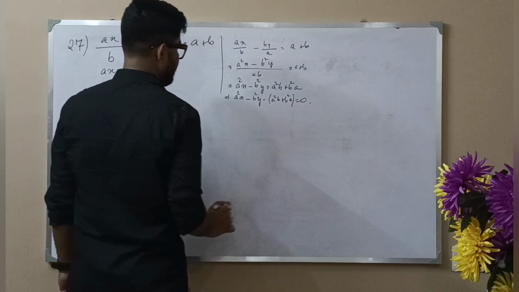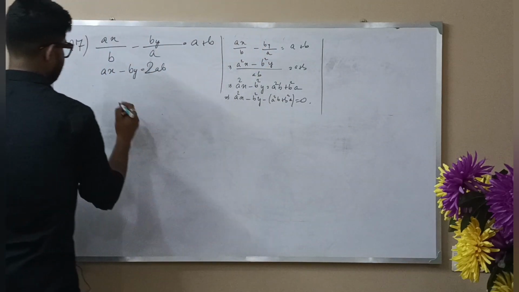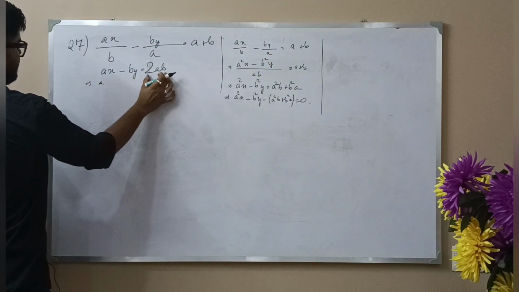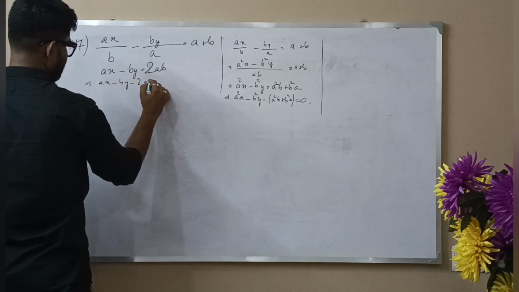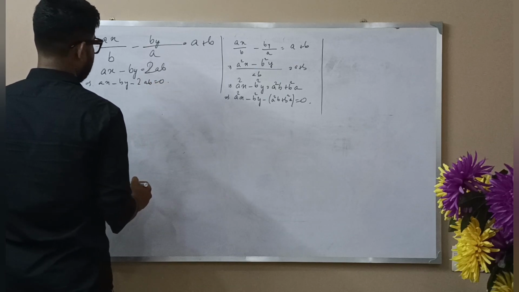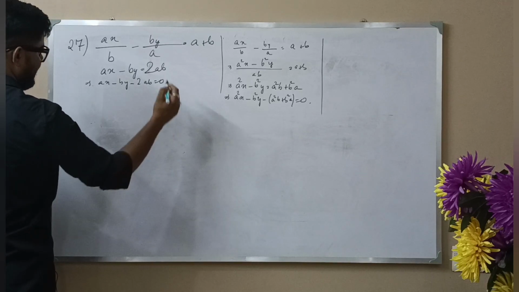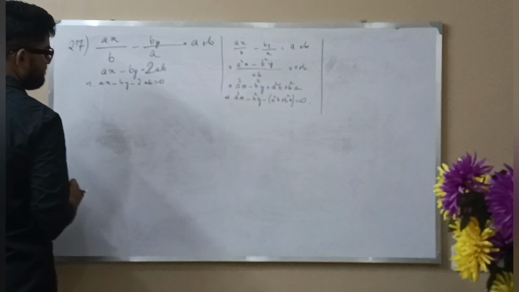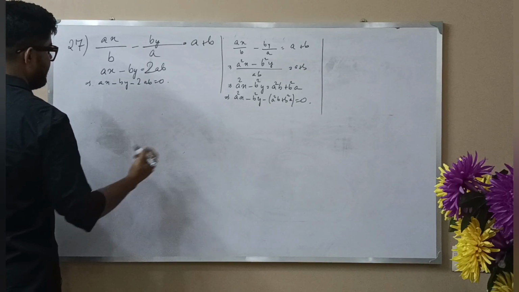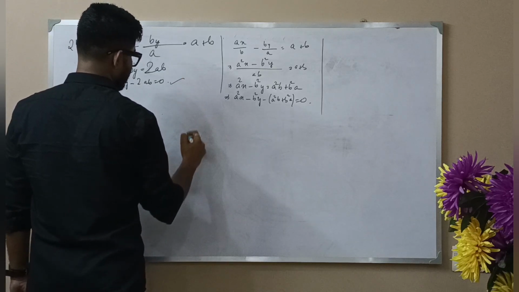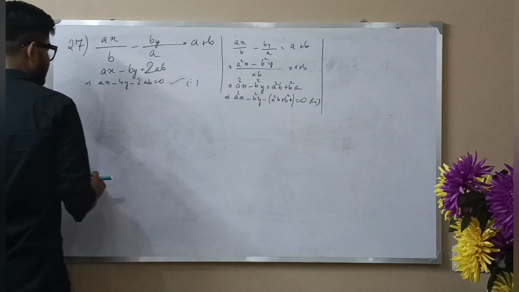So this is a c1 actually. Okay, and I'll just take this to the LHS. Okay, so we'll do one thing. We'll treat this one as equation number 1 and this one as 2, both the same.